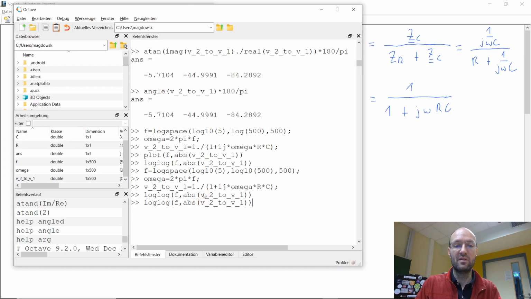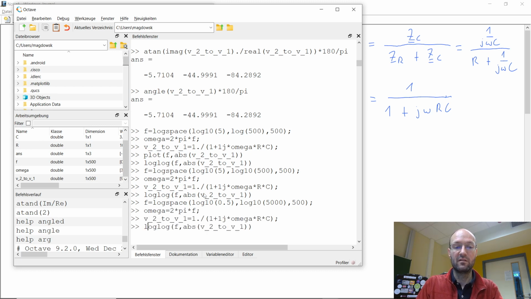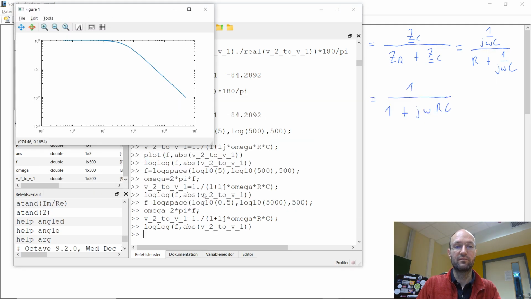Maybe it would be interesting to extend this frequency range and start at 0.5 hertz and go to 5 kilohertz. So calculate omega once again, calculate this once again, and do this log-log plot. Yeah, and then it looks like this. So low frequencies get through, high frequencies obviously get attenuated.